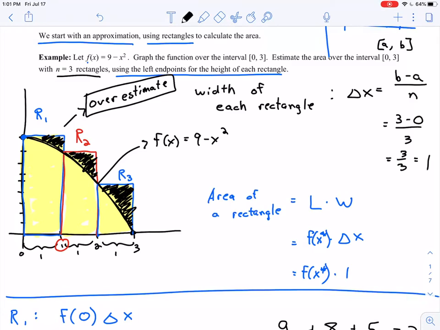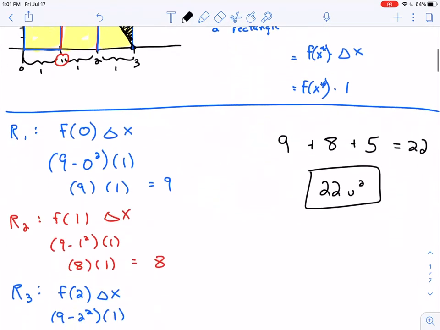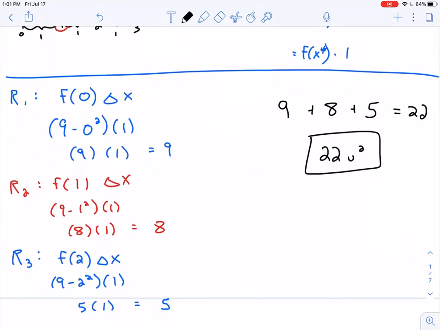So what an underestimate would look like, I want to draw that in just so that we can see an example real quick. Let's say the same function, so 1, 2, 3, and let's say we intersected up here at 9. We still have the same subintervals, so we're still working from 0 to 1, 1 to 2, 2 to 3.